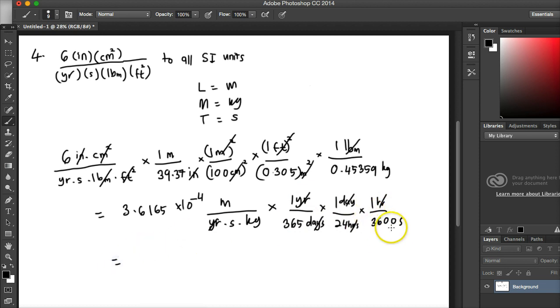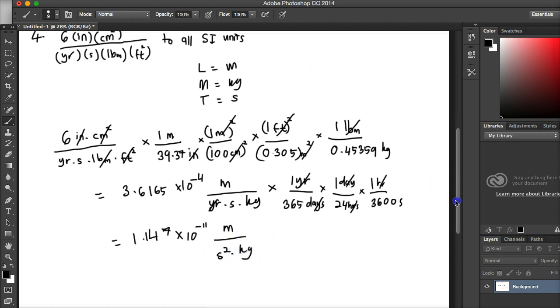For this seconds, we have two 2s at the bottom, so it will become square. So the value from this calculation is 1.147 times 10 to the power minus 11 meter second square and kilogram. So all of this is in SI unit. So we solved this question.